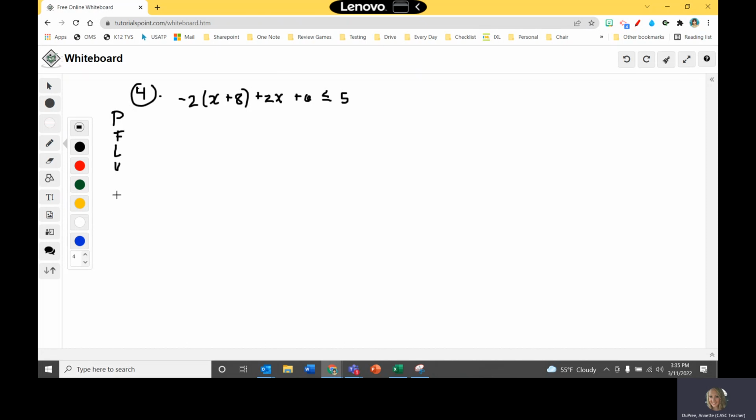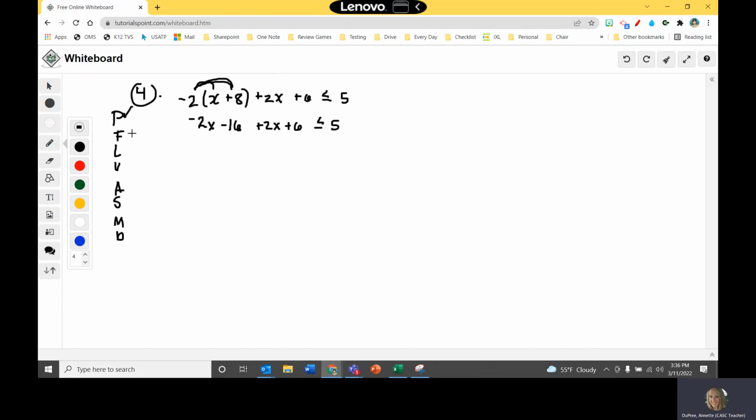We're still going to go through our steps here. So there are parentheses. We're going to take care of those first by distributing this -2. -2 times x is -2x. -2 times 8 is -16. All right, we're going to bring down this plus 2x plus 6 is less than or equal to 5.